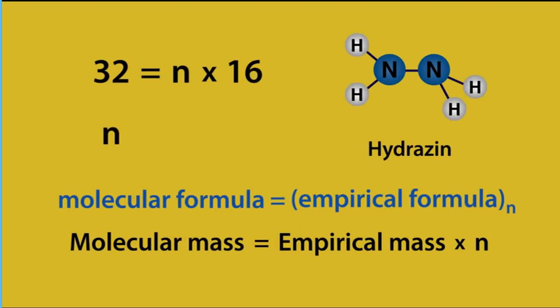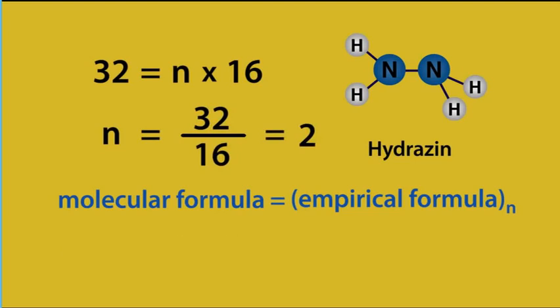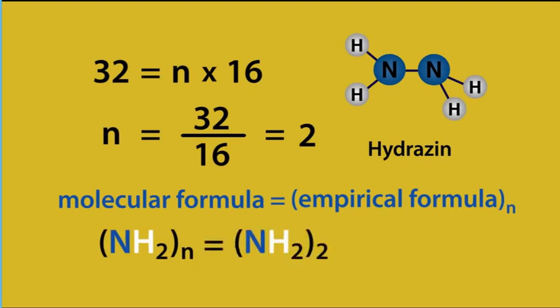Therefore, N is 32 divided by 16, or 2. So now, the molecular formula is the empirical formula times N. That's NH2 times 2, which gives us N2H4.